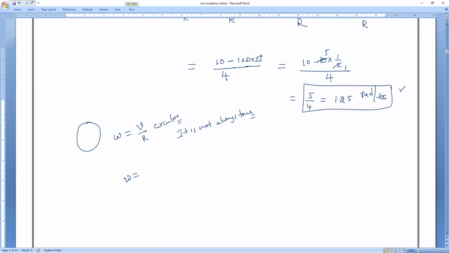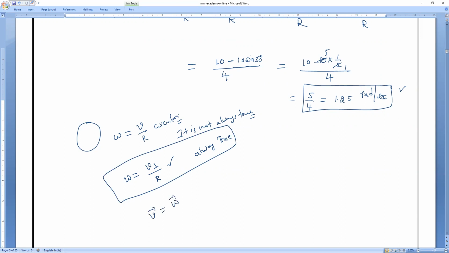So if we take omega is equal to V perpendicular to R, this is the one always true. So the true formula is this one. You have to remember this. Or else, even we can write velocity is equal to omega into R. So both are the same.